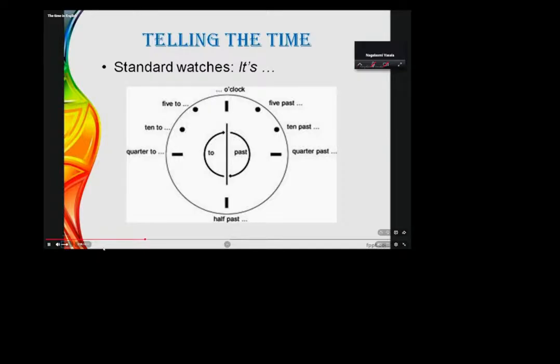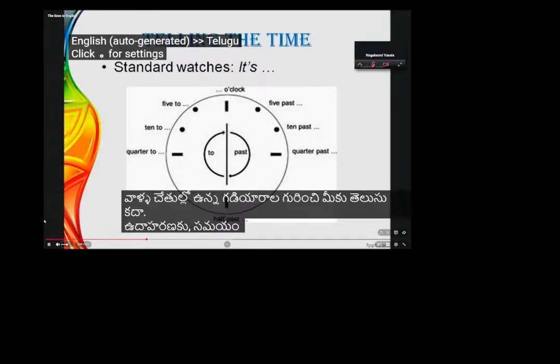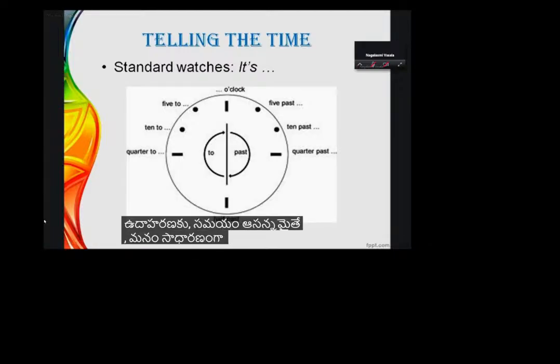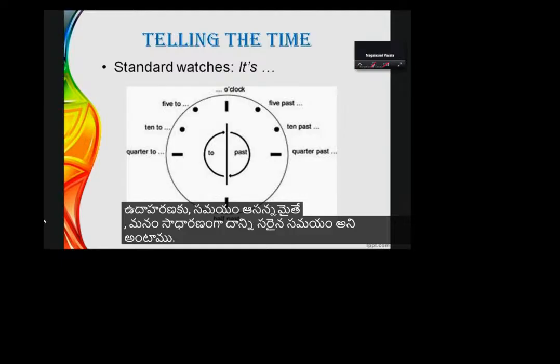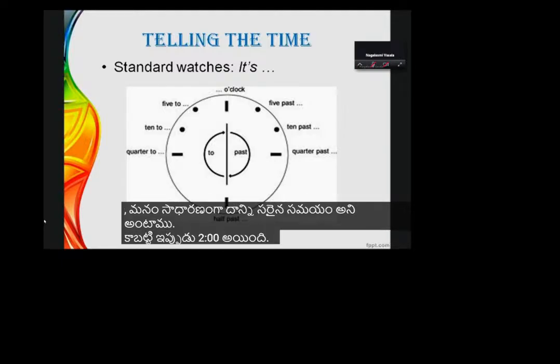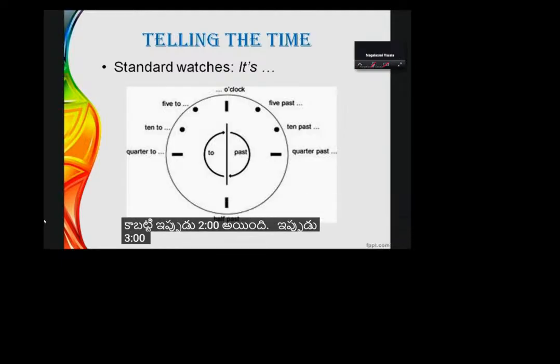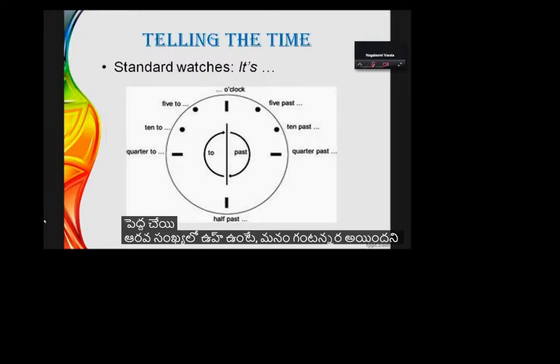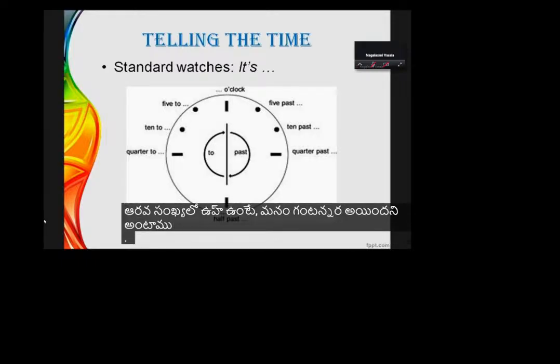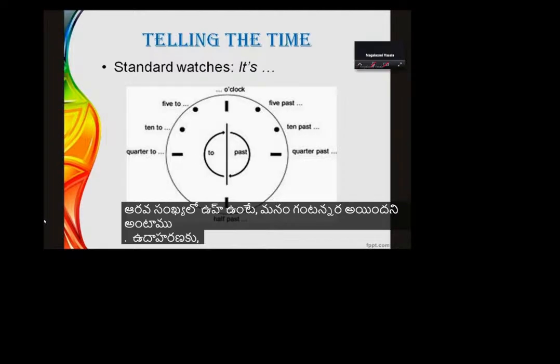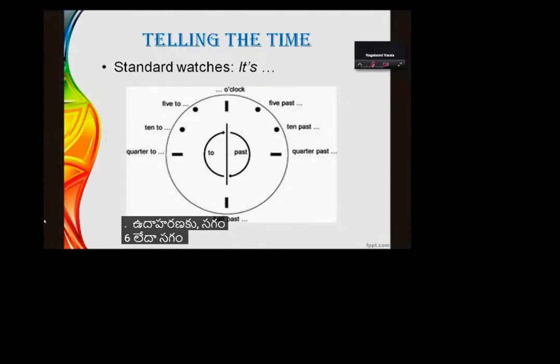For example, if the time is sharp, we usually say it's o'clock. So it is 2 o'clock. It's 3 o'clock. If the big hand is on number 6, we would say it's half past, for example 6:30 or 7:30.